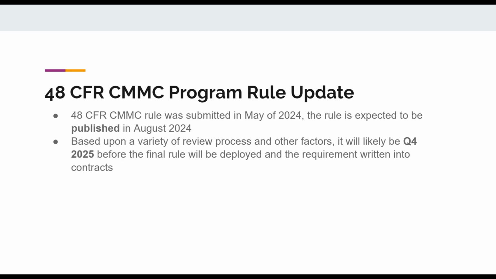We shall see. But it will be Q4 of next year, about 12 months after the fact, that it can start being written into contracts. So you might have it where all of 2025, CMMC is not in contracts but is being asked of you because it's allowed to be. It's going to be legal. So that's what we're seeing.